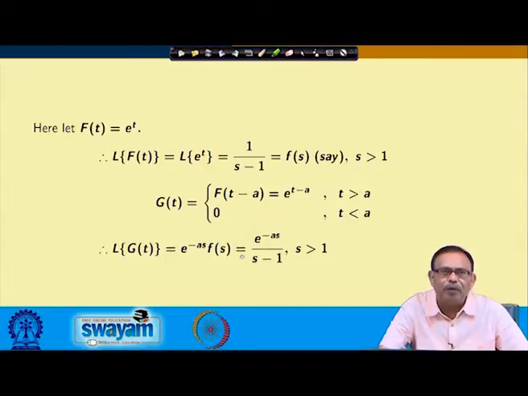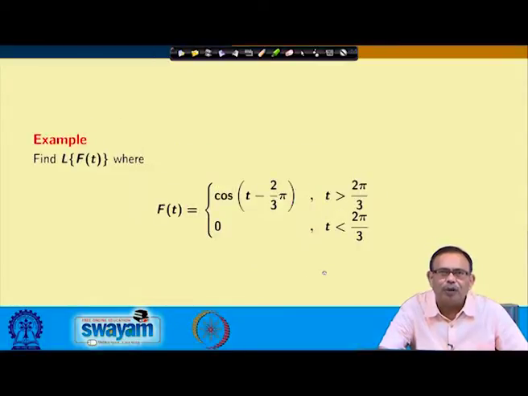In the earlier slides we have shown that the Laplace transform of g t is e power minus a s into F s, where the Laplace transform of e power t is 1 by s minus 1. So the value becomes e power minus a s by s minus 1.